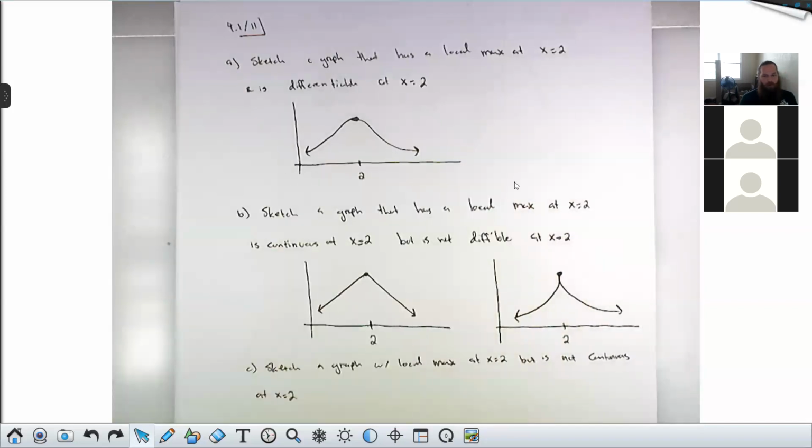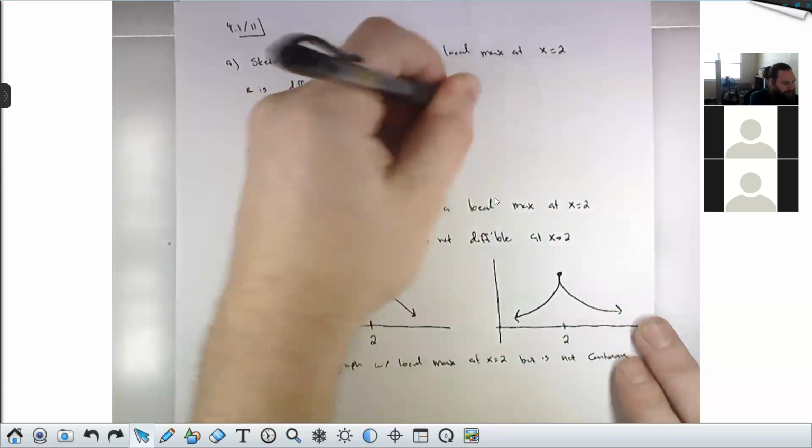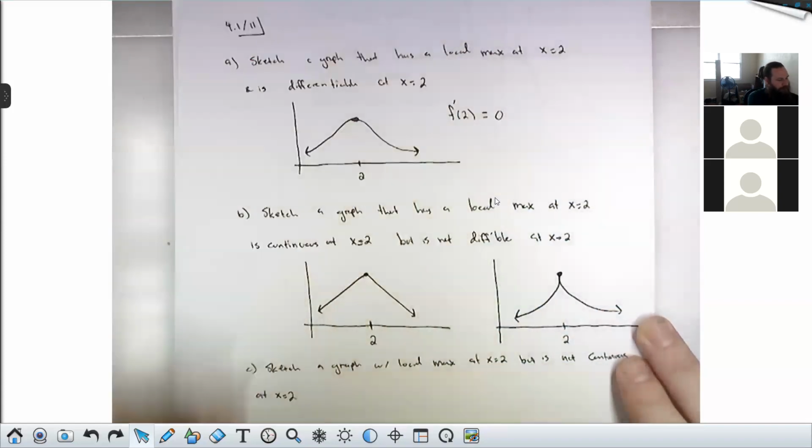So in both of these cases, I still have a local max at x equals 2. And we are continuous at x equals 2, right? The graph is a single unbroken piece. But we're not smooth. So here we are continuous, but not differentiable, and we still have a local max there. So what kind of critical numbers would I get here? We said this is like a horizontal tangent line, so here f prime of 2 would be equal to 0.